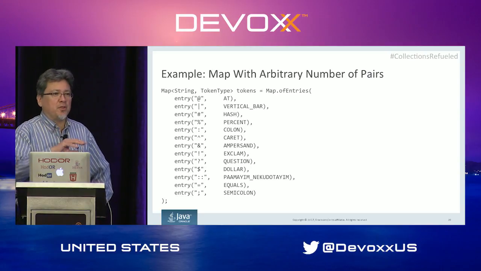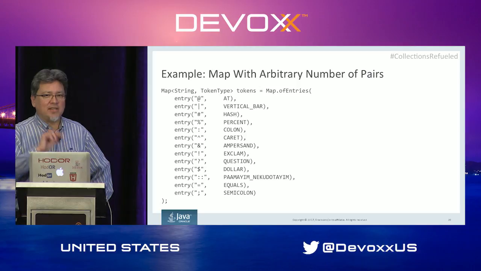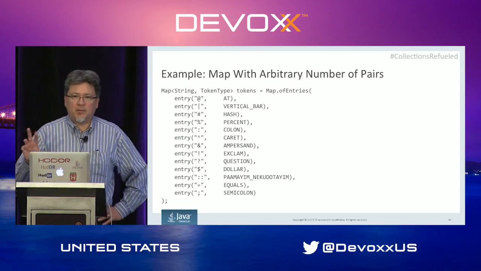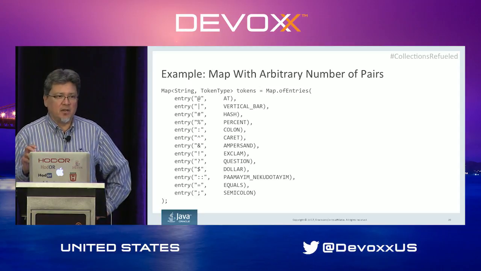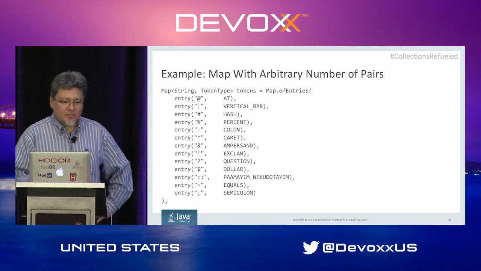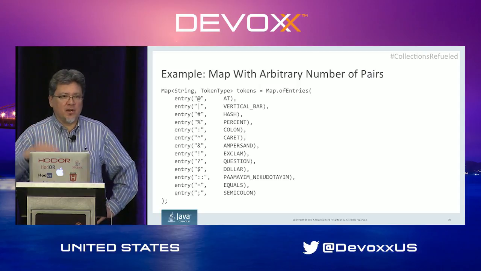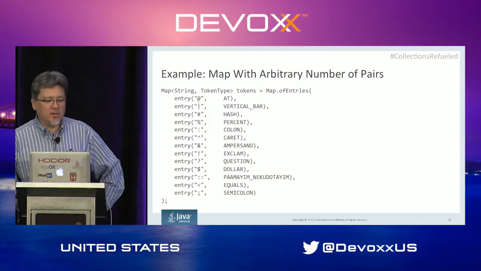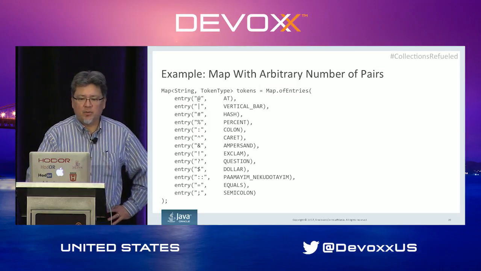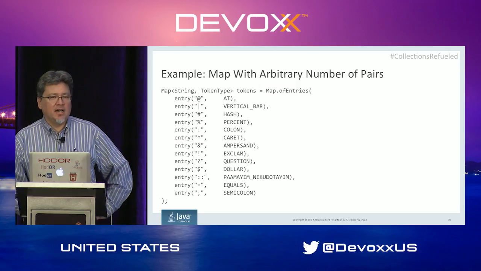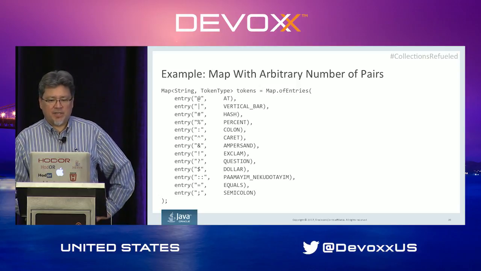So one of the other things that this adds is a static factory method called Map.entry, lowercase entry, that just takes two arguments, a key and a value, and returns a map entry instance. And here's an example of that, because this exceeds the fixed-arg overloads of Map.of, so we have to use Map.ofEntries and then pass it a succession of entry objects.